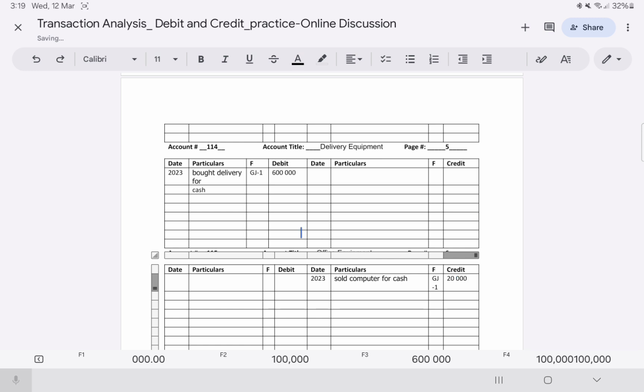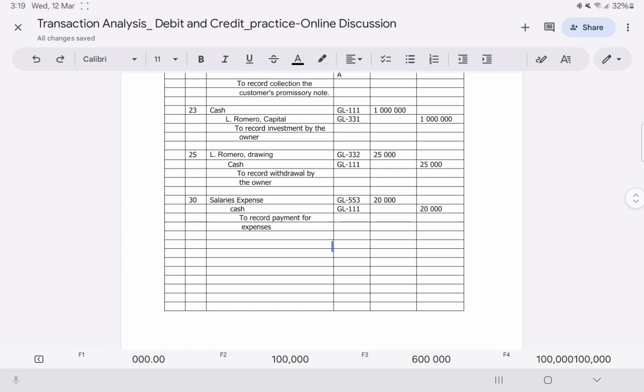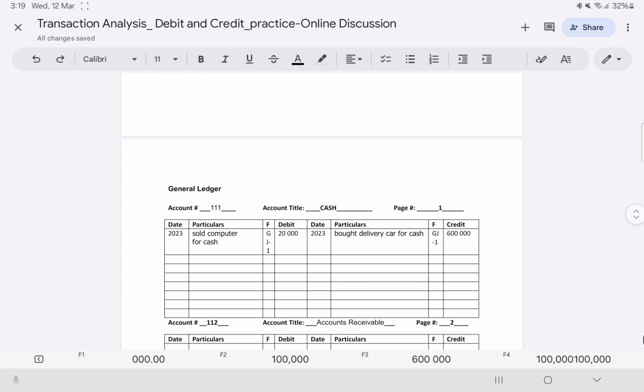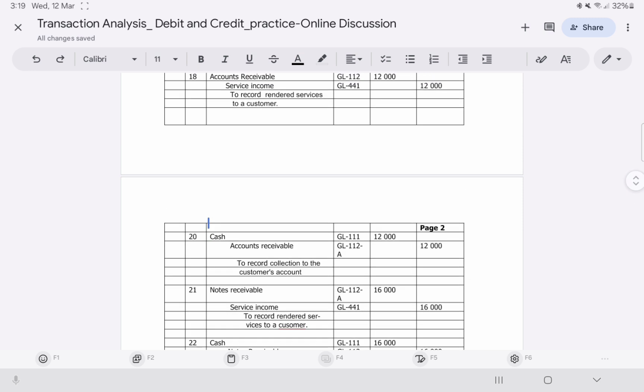Try to look at what would be the error when you are posting to the general ledger. The error here is I wasn't able to put the date and the month of the transaction. Let's go back to the general journal.